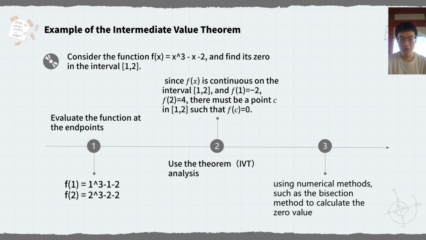Therefore, we know that there is at least one zero of the function in the closed interval from 1 to 2. This zero could be further solved using a numerical method such as the dissection method. Due to time issues, I will not calculate it.